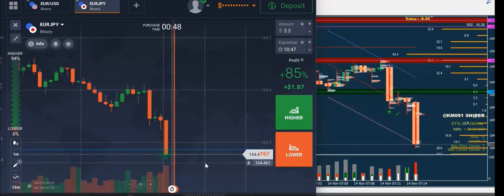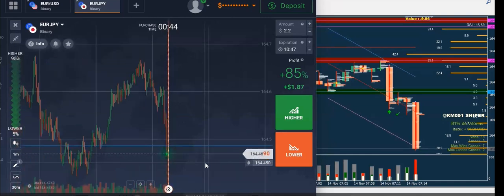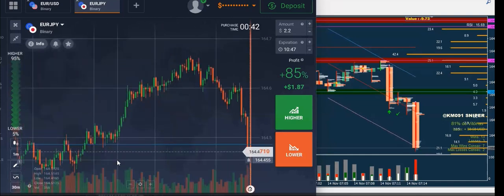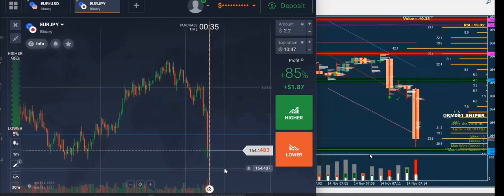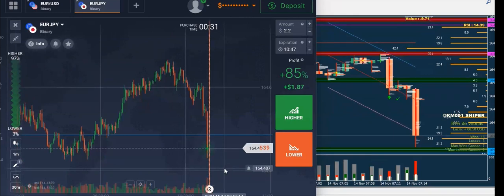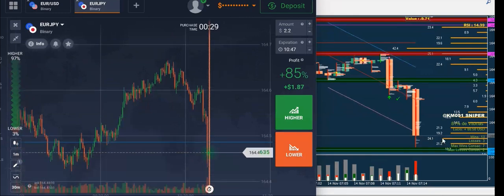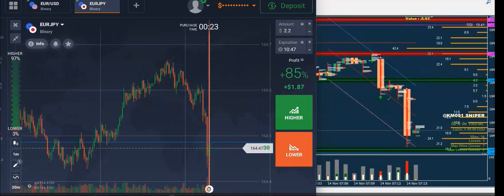The market is breaking a very strong level, but you don't use that. You use only these clusters to predict the market. Here the market touched the buyer level.